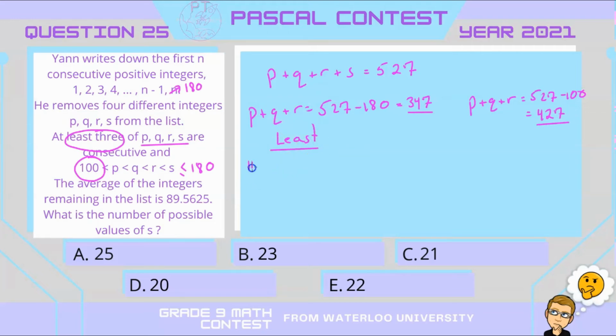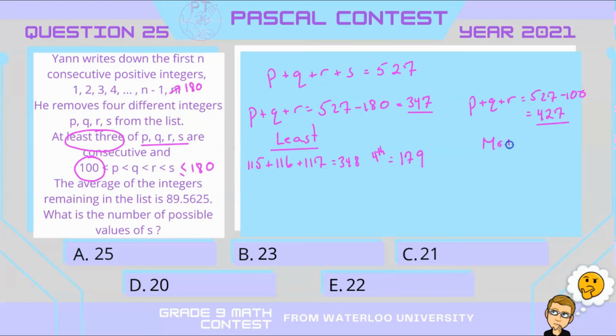So least: well, if we add 115 plus 116 plus 117, we get 348. That's as close as we can get to 347 without going lower. And that would mean that the fourth integer, in order to add to 527, would be equal to 179.